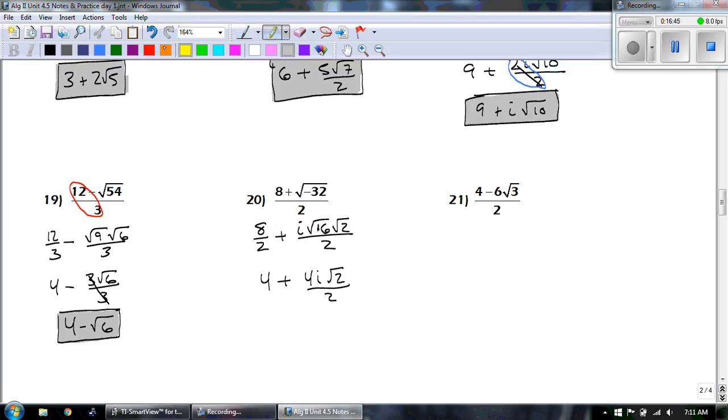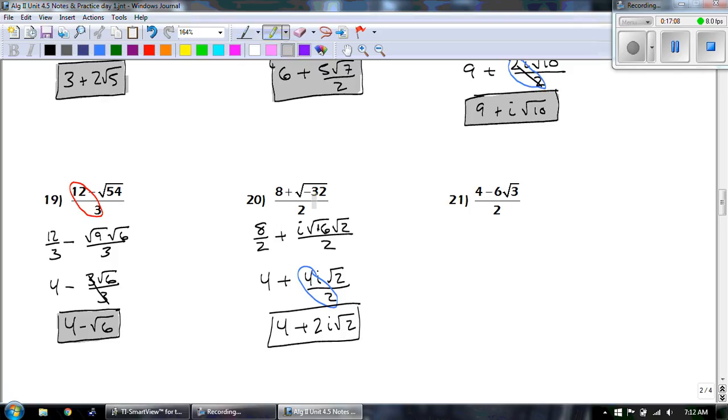And then we reduce the 4 divided by 2. 4 divided by 2 is 2. Oh geez, my pen's going all crazy. So 2i square root 2.